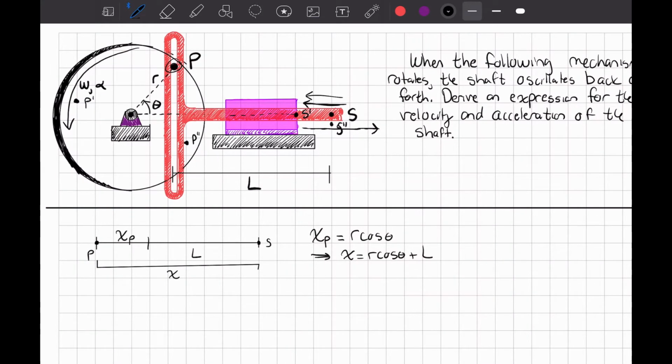Okay, so we now have an equation that's telling us where point P is going to be relative to point S at any given time, or at any given angle.